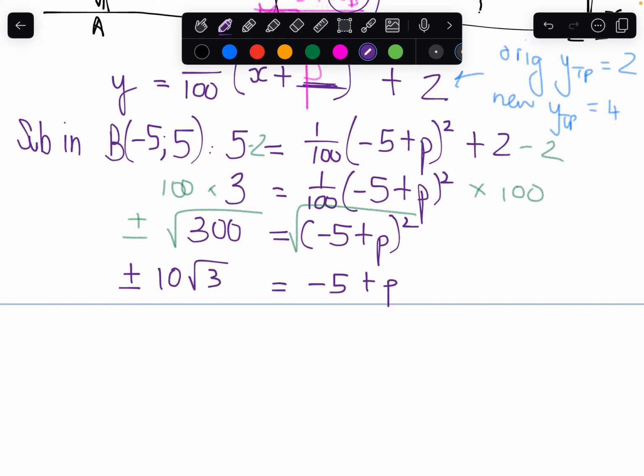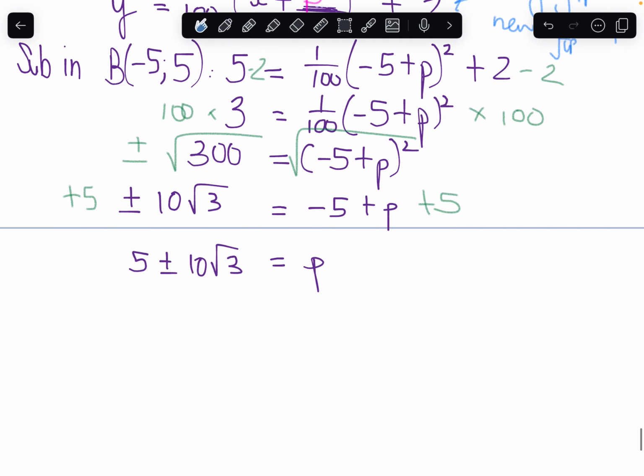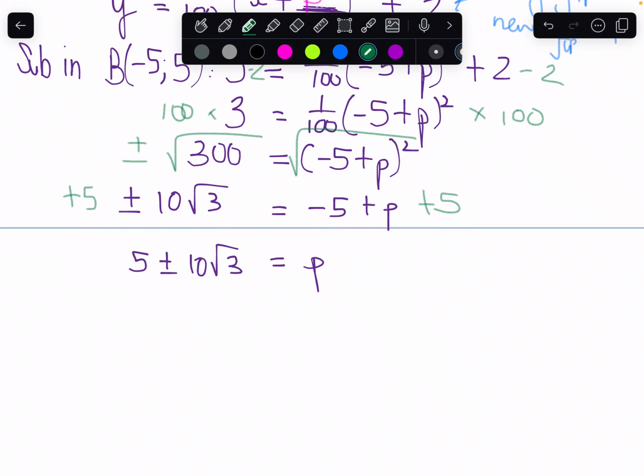And then if we add 5 on both sides, that'll be 5 plus or minus 10 root 3 is equal to P, right? But now let's think about this. So we've got 5 + 10 root 3 and 5 - 10 root 3.